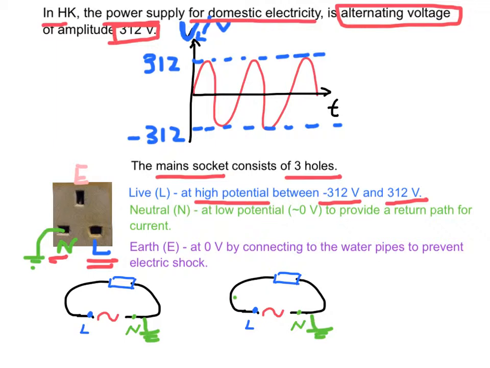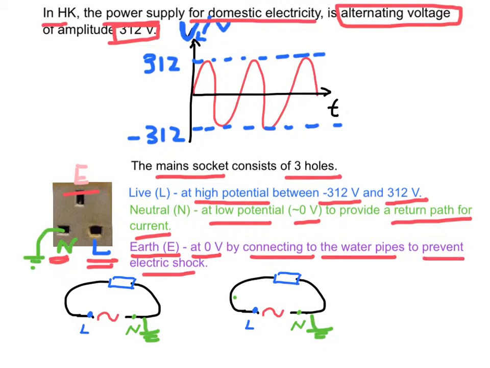The neutral hole is earthed, which is at low potential or almost zero potential to provide a return path for the current. The earth hole E is at zero potential, 0 volt, by connecting it to the water pipe to prevent electric shock.